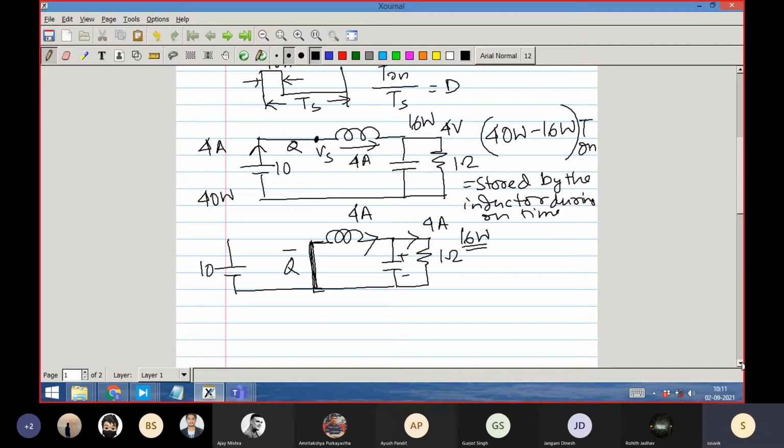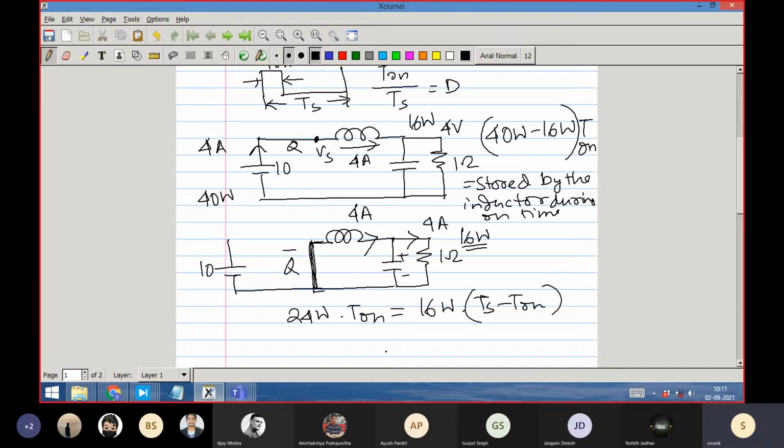So 40 watt minus 16 watt is 24 watt it had received, into T1, and that must be balanced by the 16 watt it is giving, for what duration? T off, which is equal to Ts minus T1.